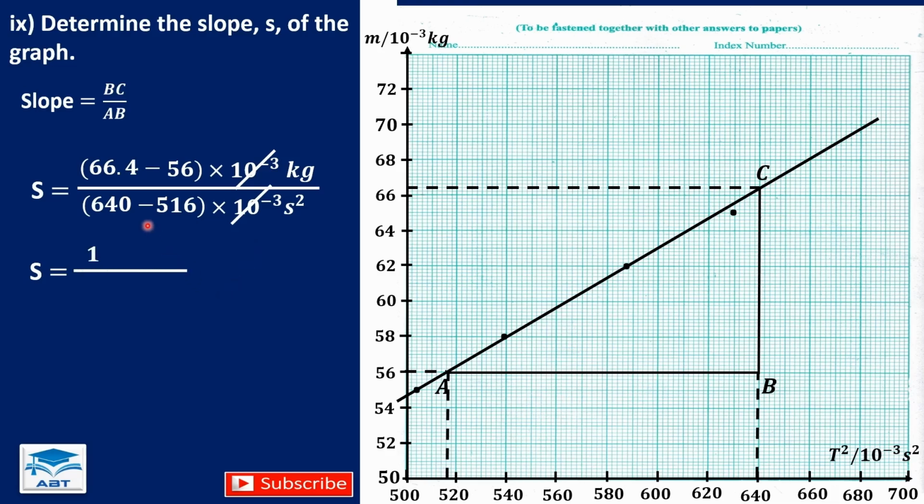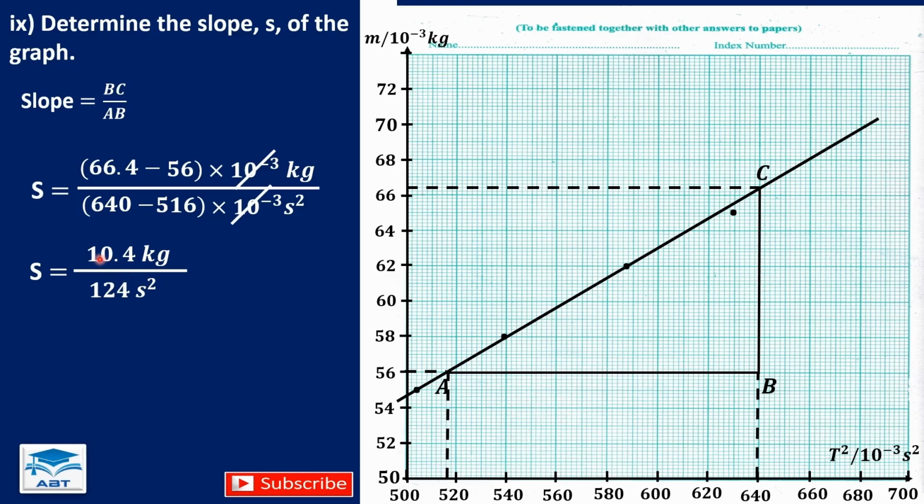And here 66.4 minus 56 is 10.4. And the unit is kilogram. And 614 minus 516 is 124. The unit is second square.